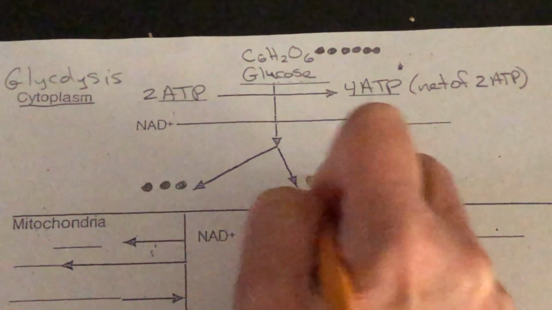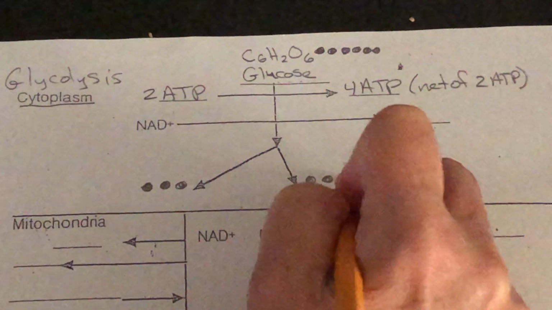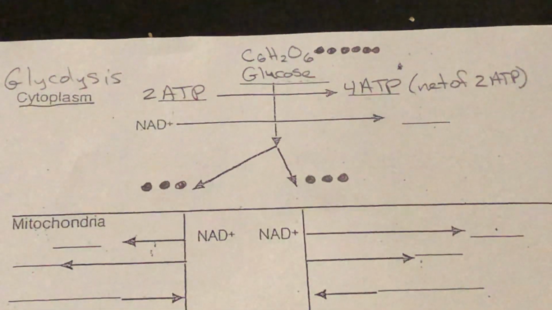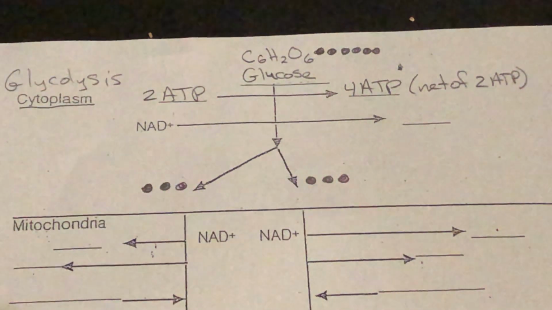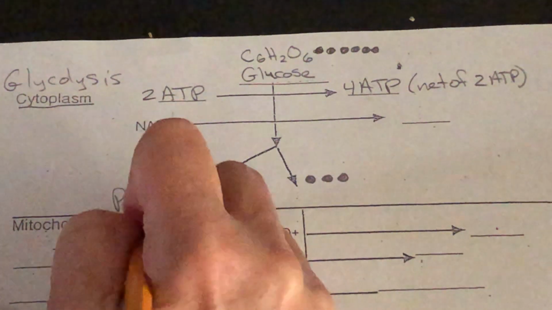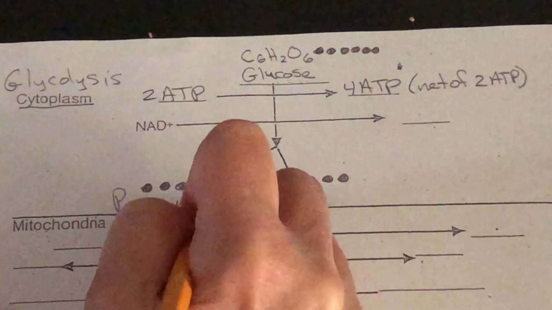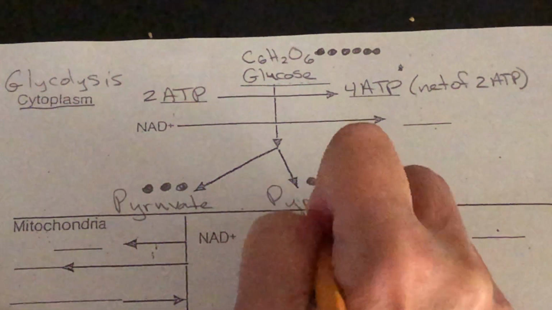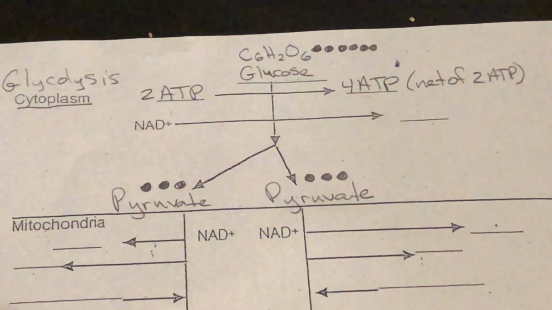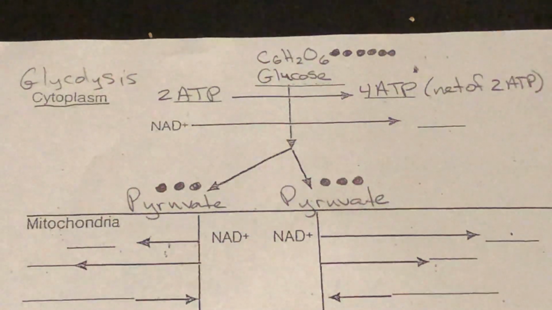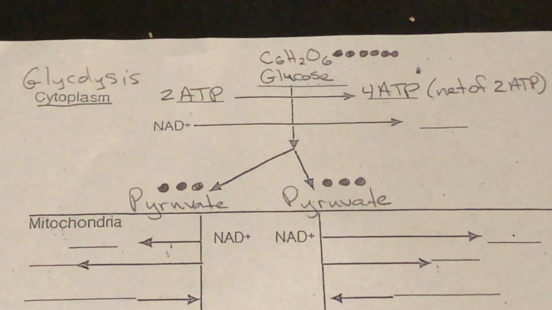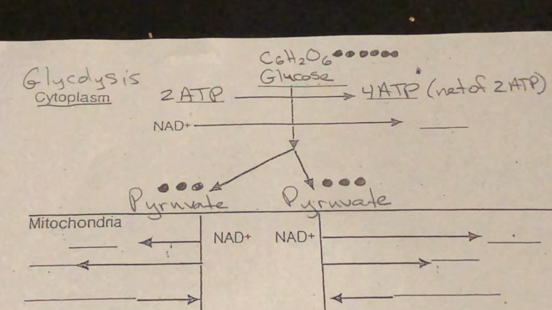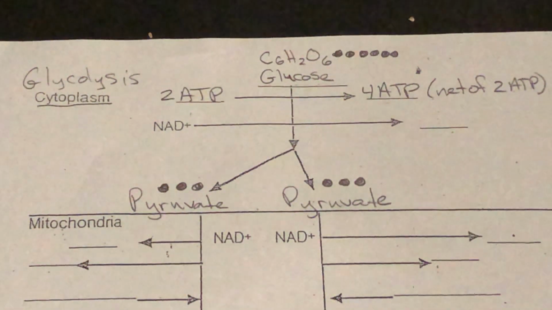and 3 carbons over here. These little 3 carbon compounds are called pyruvate. So glycolysis starts with 1 glucose molecule, but it ends up with 2 3-carbon compounds called pyruvate.